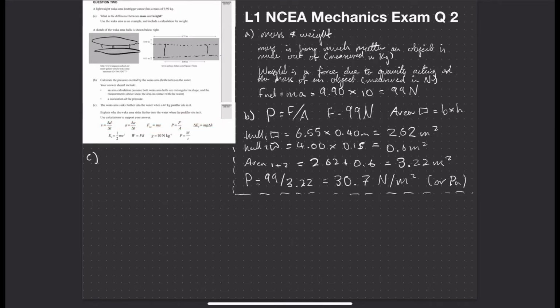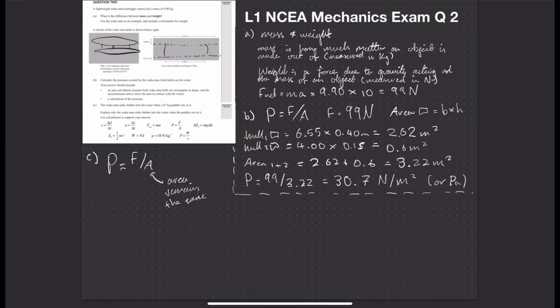Use calculations. Now, we know this is a pressure question. The area of the boat hasn't changed, but the weight force combined of the person in the boat and the boat has changed. First of all, pressure equals force over area. We're going to state that area remains the same, because the boat has not changed.